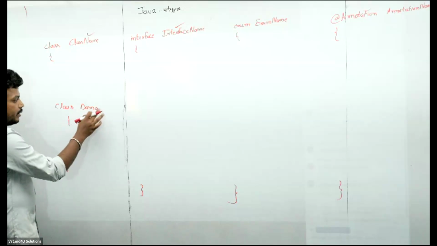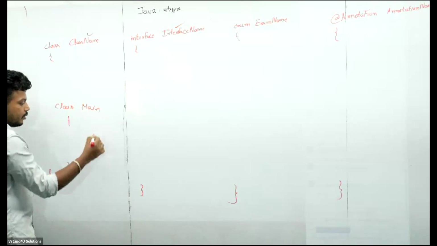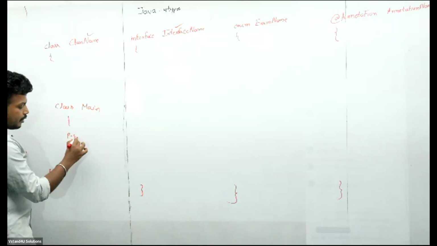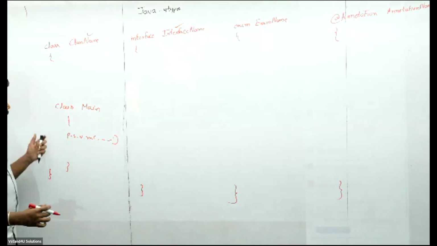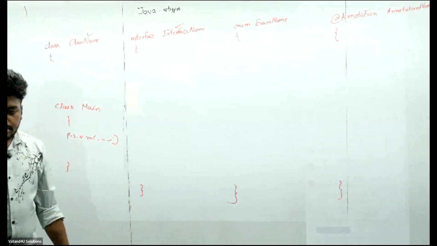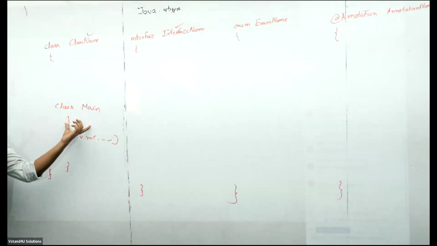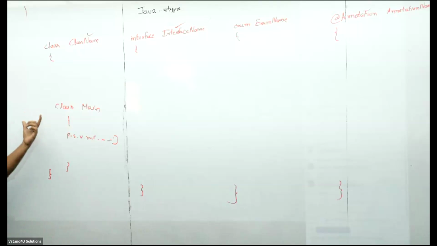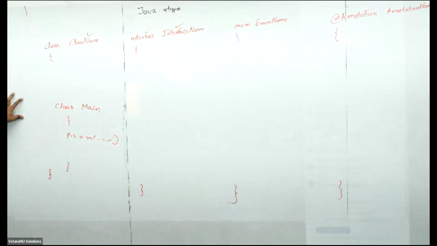If I consider this class name as main and I'm putting a main method, public static void main, what will be the file name? Whenever the main method is present in a class, you have to give the same class name. Here the main method is present in the main class body, so you have to give the file name as main.java.